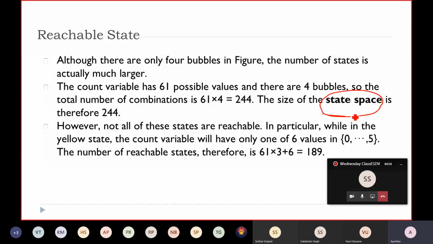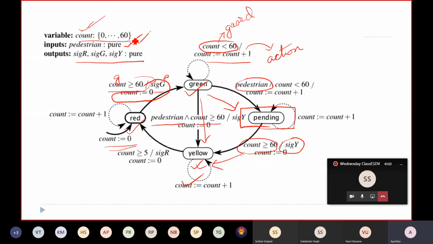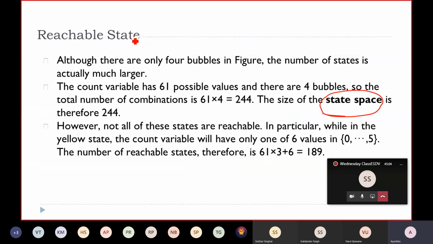So here, for 4 states, what is my state space? If we have considered the count value from 0 to 60, that is a total of 61, and 4 possible states. In the worst case, this is my worst case state space, that is 61 into 4.